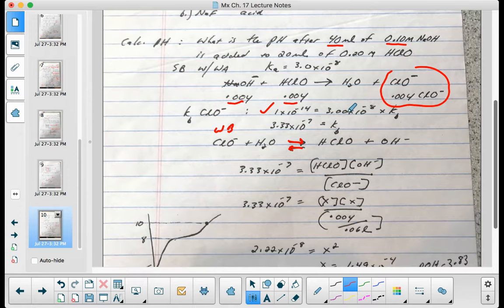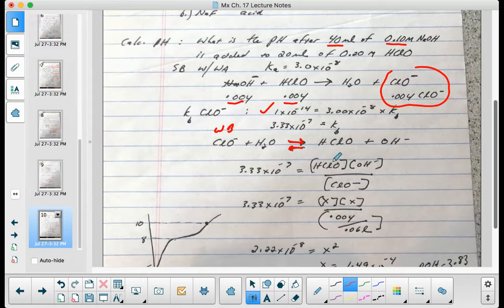So if I know the Ka for the weak acid, which would be HClO, then I can find the Kb of that conjugate base, the ClO negative there, by plugging into this formula, Kw equals Ka times Kb. I solve for Kb.